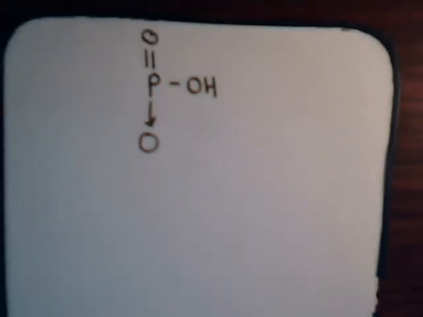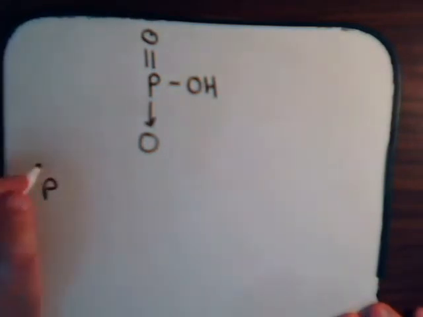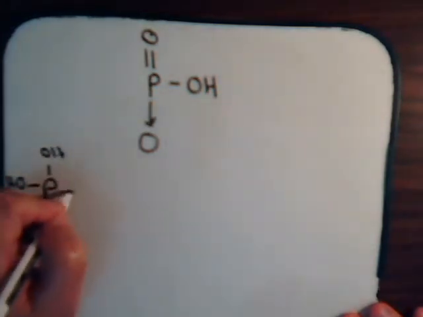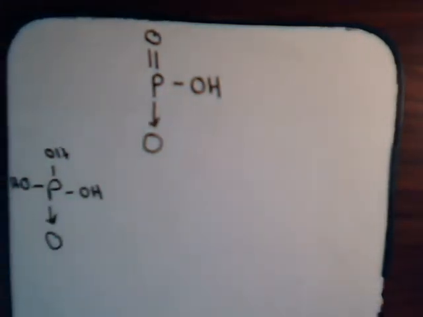So therefore, phosphoric acid does not exist in this form. Instead, you will see single bonds. So phosphoric acid has this structure, like this.